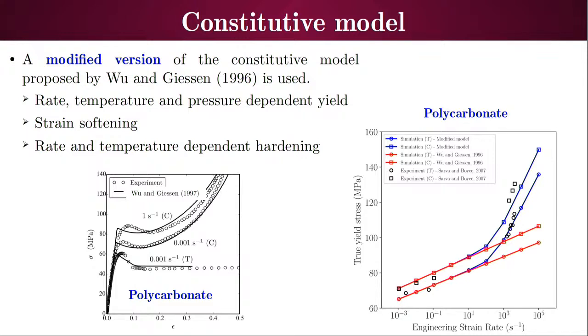Now, the original model given by Wu and van der Giesen can only capture a linear behavior at all the strain rates. So I have modified this constitutive model so that it can capture this kind of bilinear variation of yield stress at all strain rates, and this model I will be using for my simulations. I am not going into the model as of now.